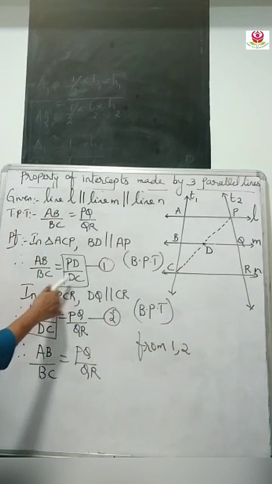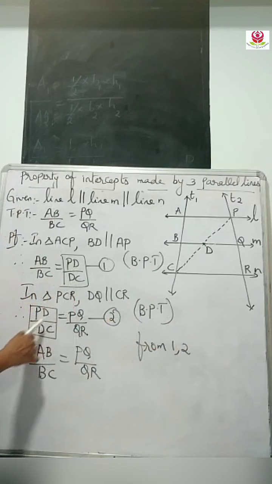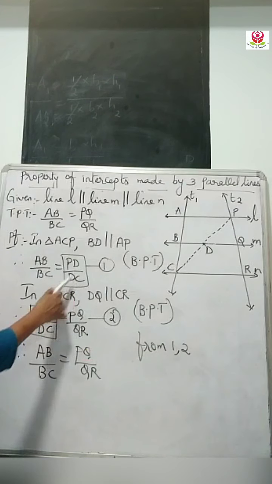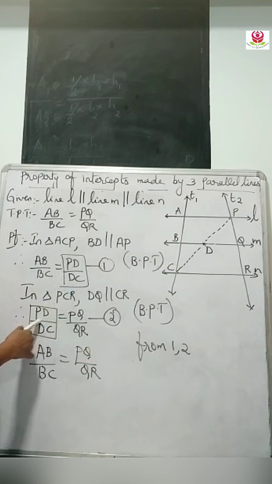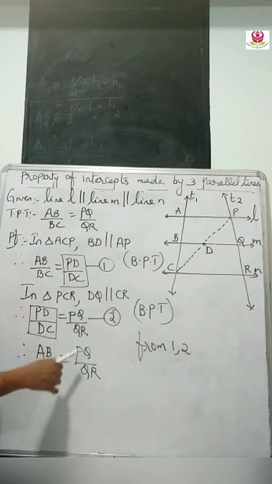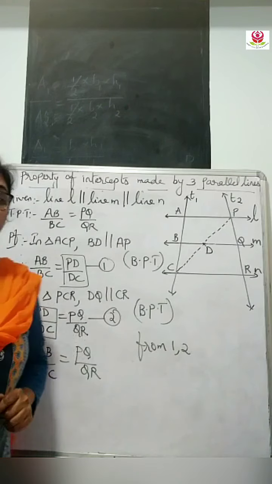According to step number 1, AB upon BC is equal to PD upon DC. According to step number 2, PD upon DC is equal to PQ upon QR. So in both the equations, PD upon DC is the common ratio. Therefore, we can conclude AB upon BC is equal to PQ upon QR.